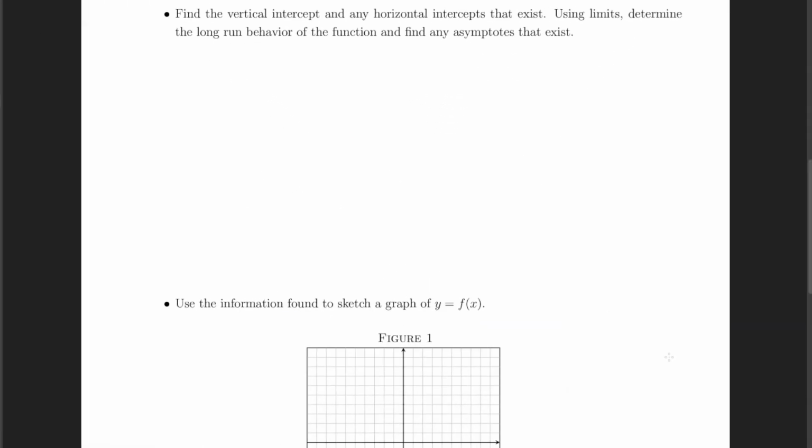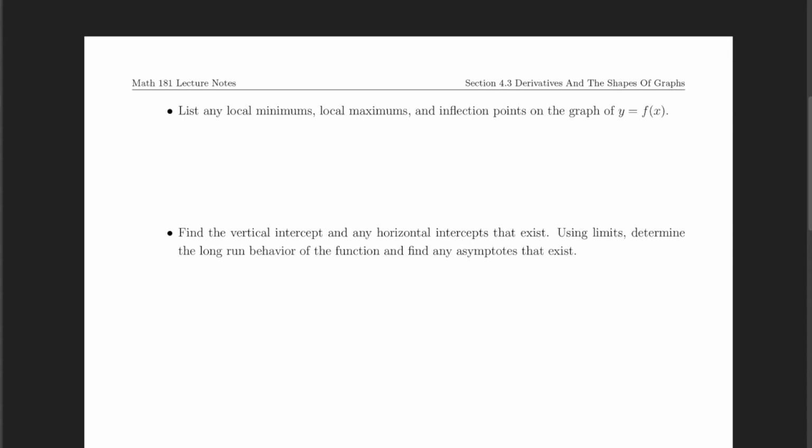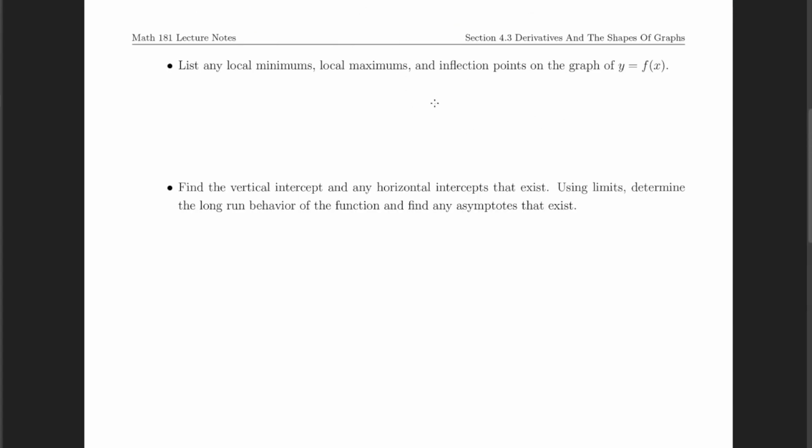So, list any local max and inflection points. Our inflection points were where f double prime of x equals 0, and that occurred at x equals -1 and -3.